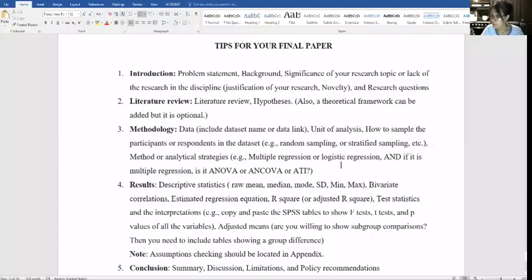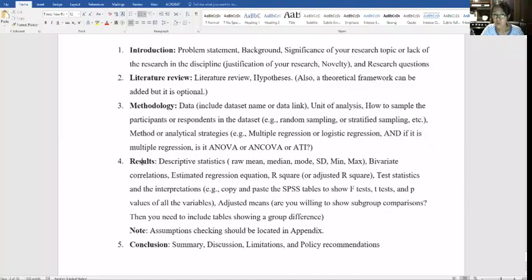I'm going to make another video for logistic regression. And the results: descriptive statistics, mean, mode, median, like that, and standard deviation, minimum, maximum, and also, for sure, bivariate correlation should be included, okay?